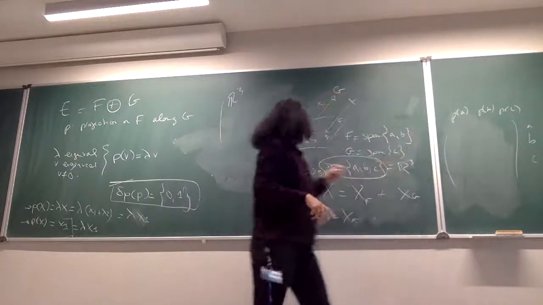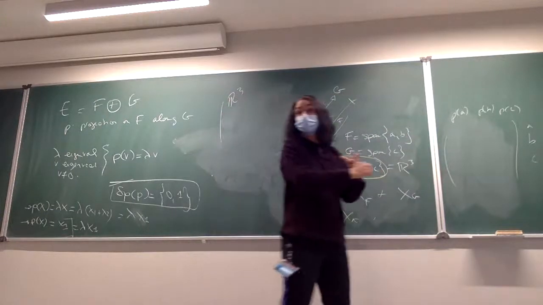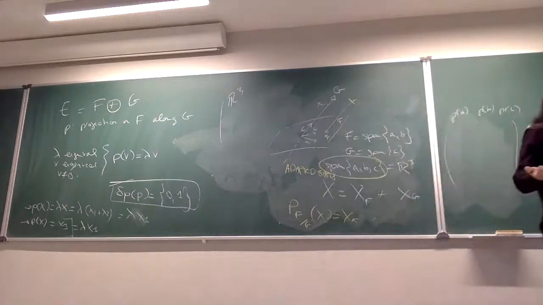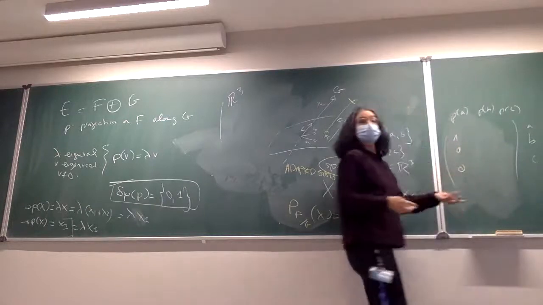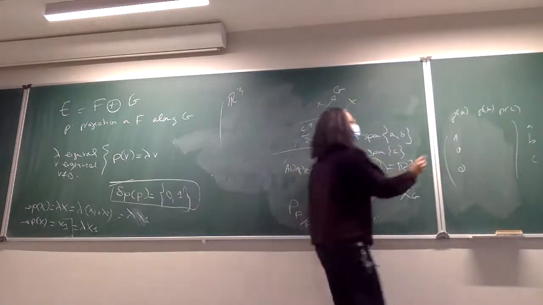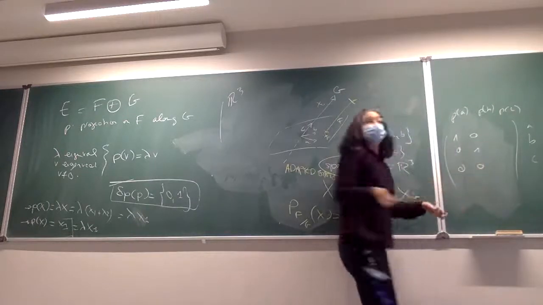P of A, as it belongs to my plane, is going to be 1 times itself. There's no reason it should change. It's the unique decomposition of A along AB, so 1 0 0. P of B, same thing, so 0, 1, 0. And P of C.